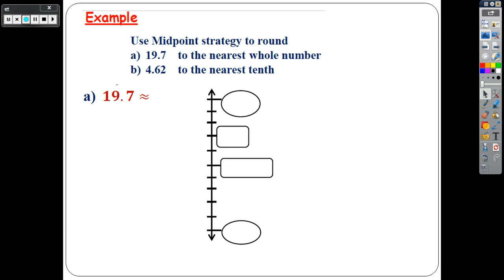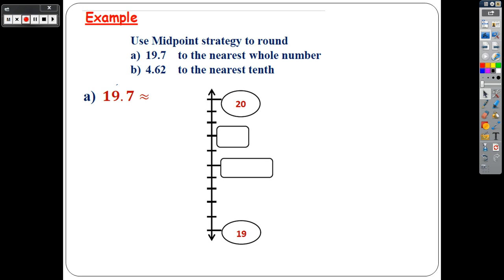Ask yourself, 19.7 is between which two whole numbers? 19.7 lies between 19 and 20. So you put 19 down and 20 up.